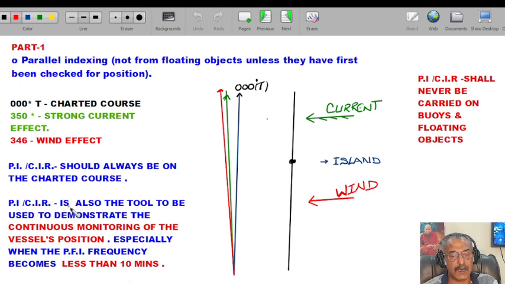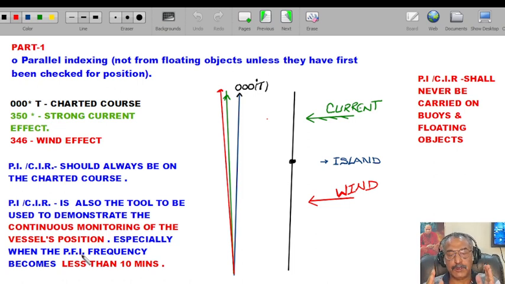PI or CIR is also the tool to be used to demonstrate continuous monitoring of the vessel's position, especially when the PFI frequency becomes less than 10 minutes. PFI stands for position fixing interval, which I've calculated and will show you in the next slide.